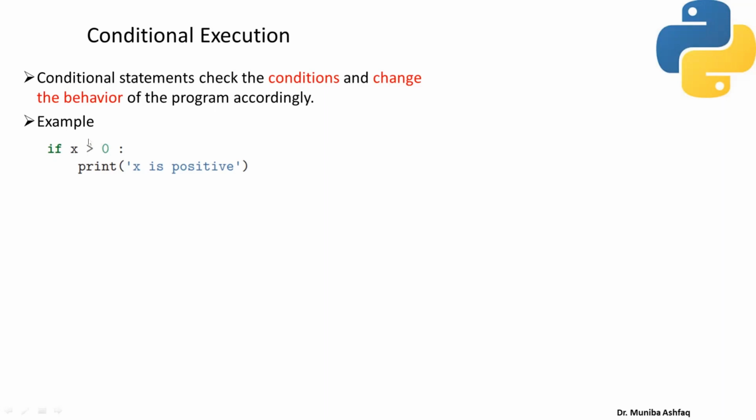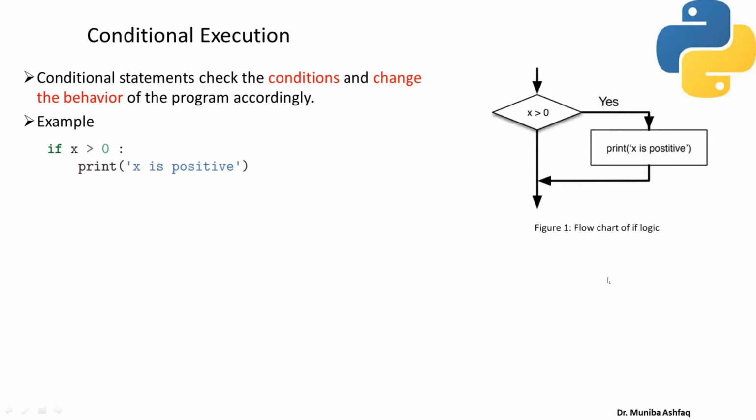This is one of the Boolean expressions, and you know that Boolean expressions result in either true or false. So if the result is true, then in that case we will execute this statement. And if the condition is false, you will not execute this statement and you will proceed further in your program. It is very important to note that this print statement is not directly below this if, but there is a little indentation in this statement, and it shows that this statement is associated with the if statement.